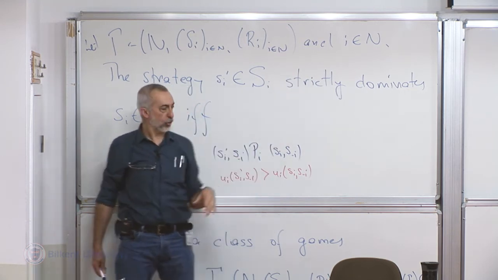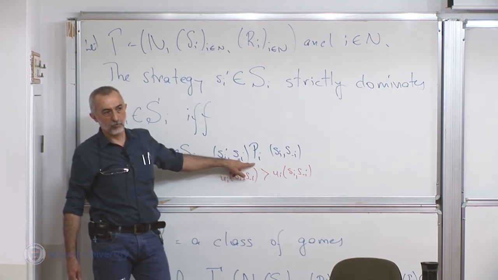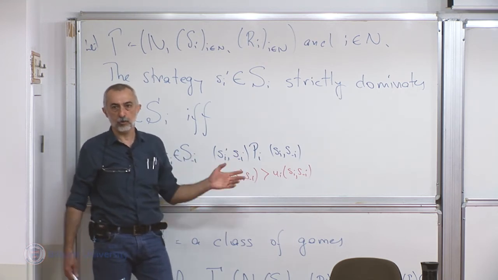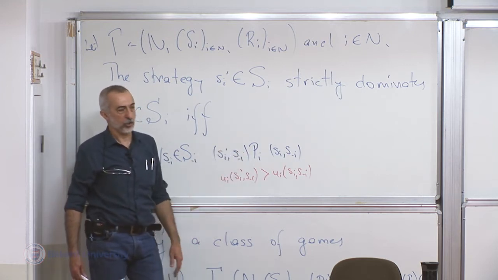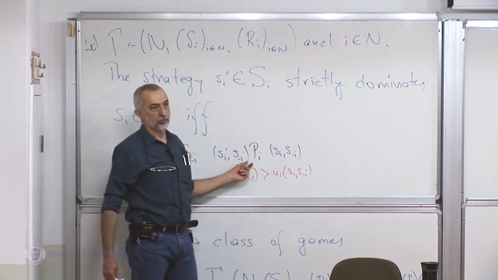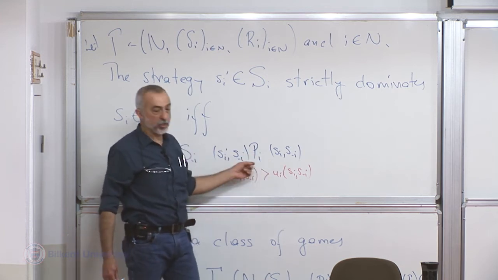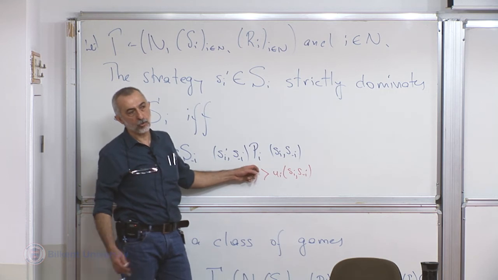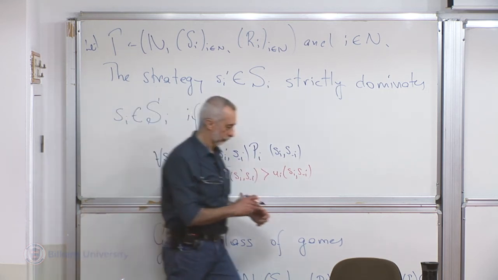If you're using Osborne's book, this is what Osborne also uses. But if you're using some other book, don't get confused. Some game theorists use a slightly different notation. They call this domination, and we're going to define a weaker notion than this. They call that weak domination. I would call that domination, okay?